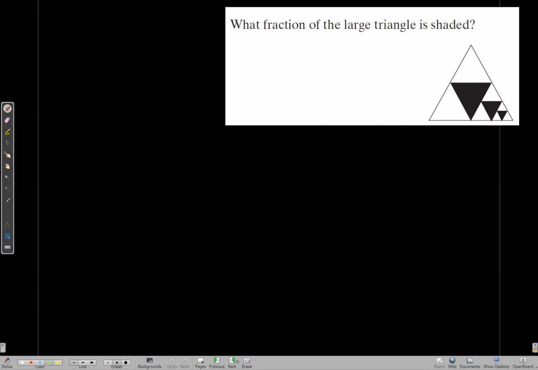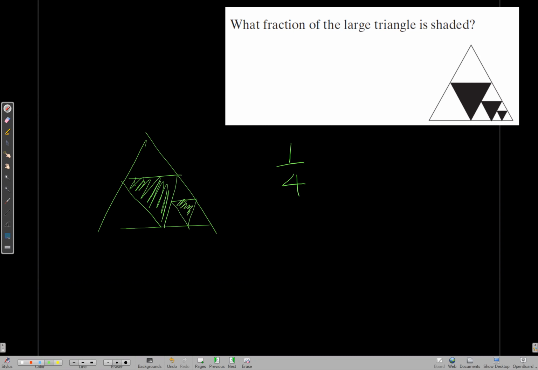Now this one, interesting one. First, this part is shaded and that is 1/4, right? And then you take this and do the same thing again and shade it. So that is actually 1/4 of 1/4, which is 1/16 or 1/4 squared, right?